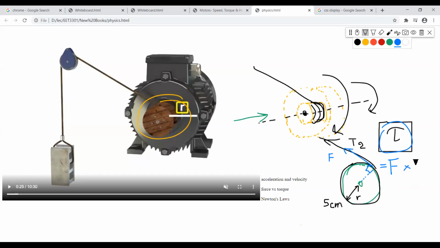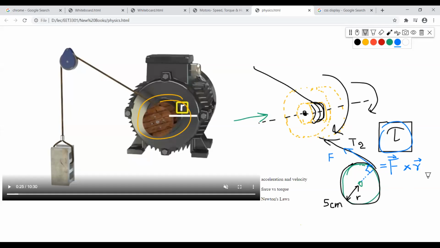So anyway, it's going to be simply F multiplied by R. Actually, this is going to be F cross R. In vector multiplication, it's F cross R.